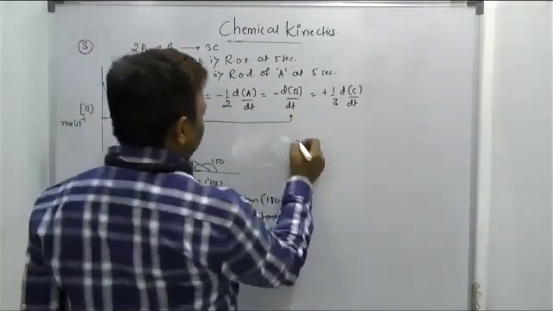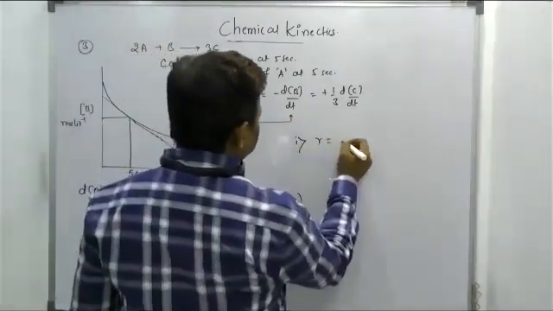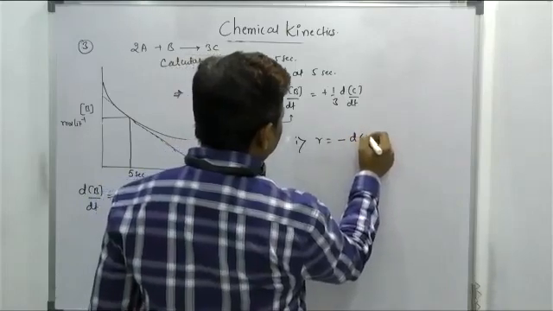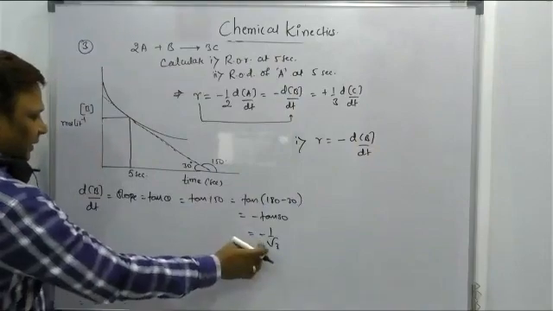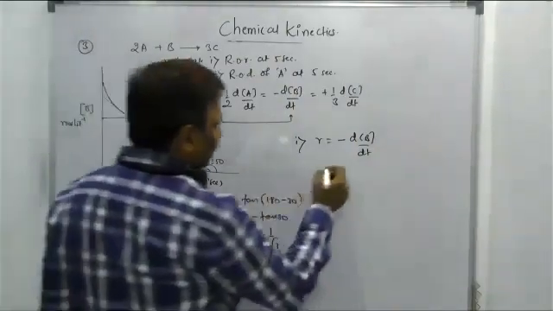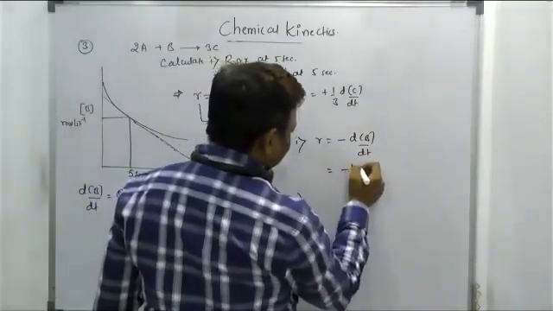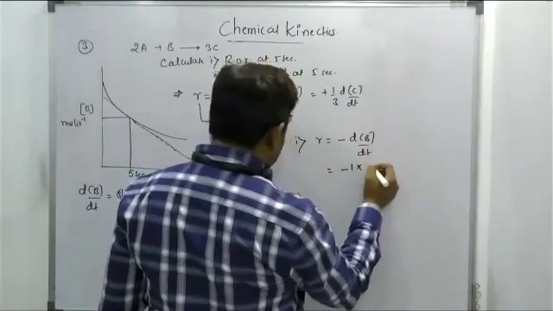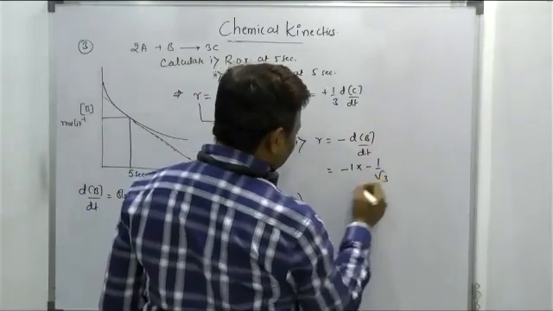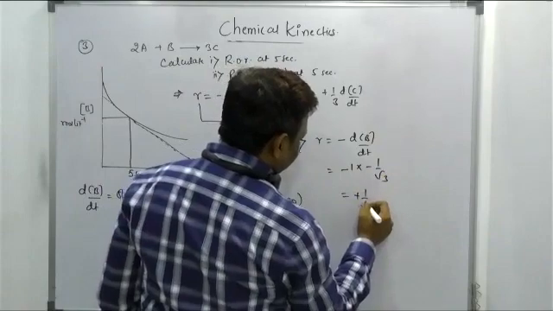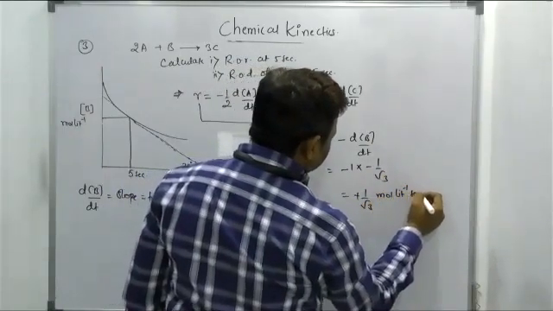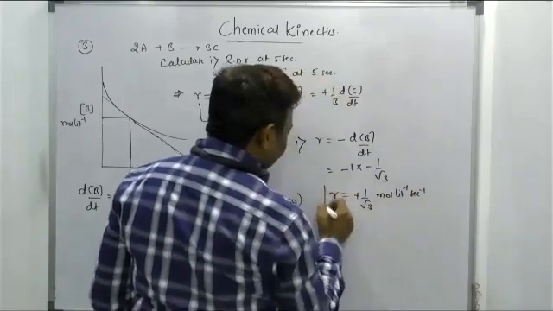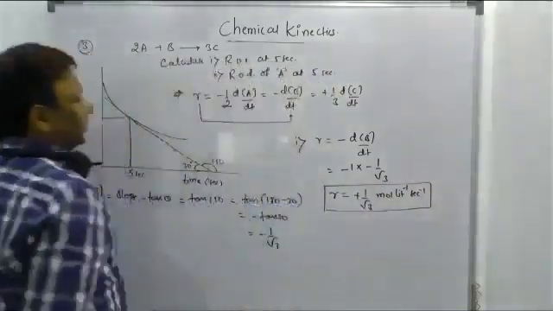So the rate of reaction is equal to minus d concentration of B by dt. Since minus 1 by root 3 is the value of dB by dt, minus 1 times minus 1 by root 3 is equal to plus 1 by root 3 mole per liter per second, which is the value of ROR. The first one I got.